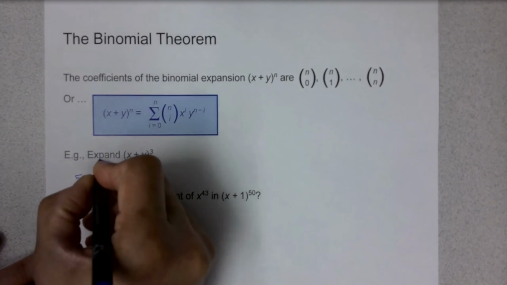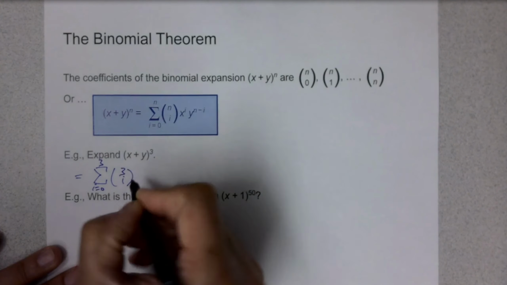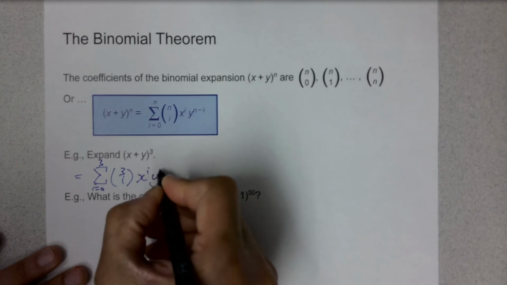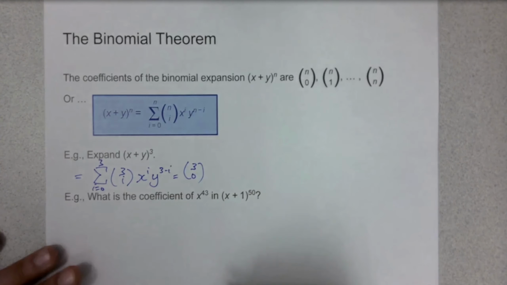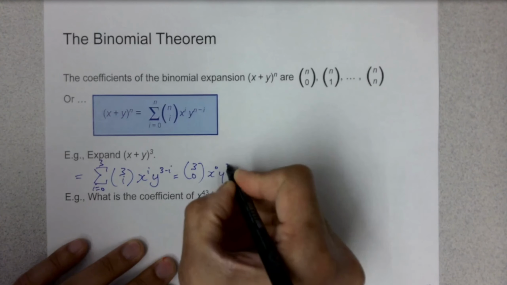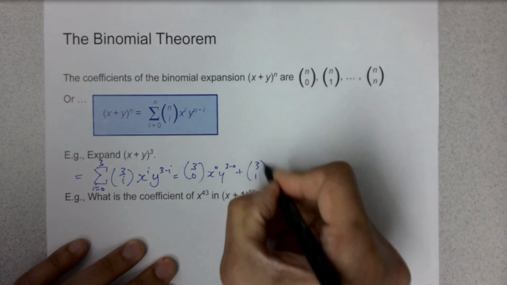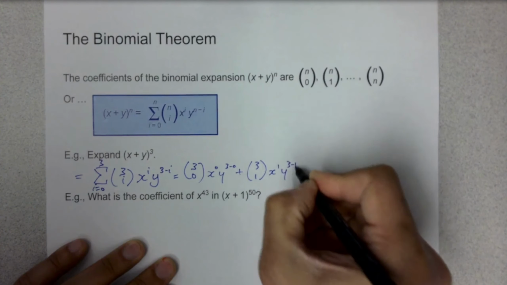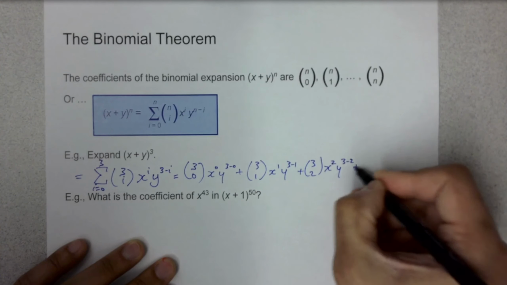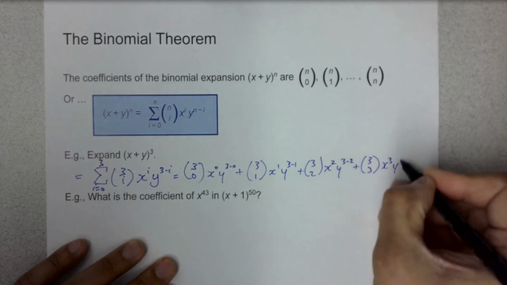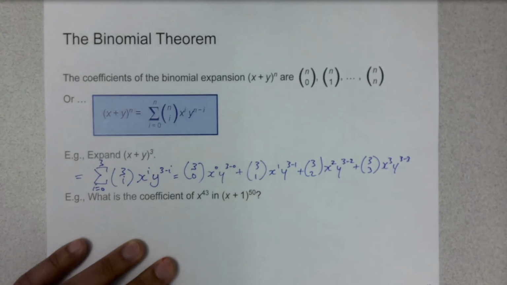Okay? So writing this thing out longhand. Subbing this in, x to the i, y to the 3 minus i. I'll write this thing out longhand. x to the 0, y to the 3 minus 0, 3 choose 0, then 3 choose 1, and so on.